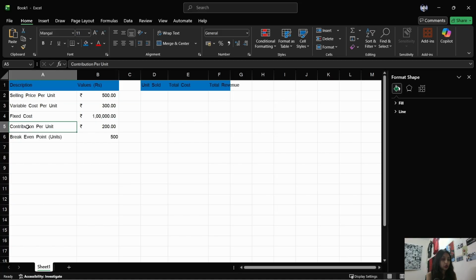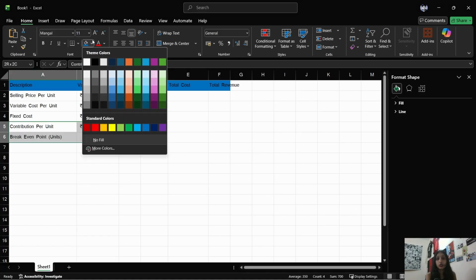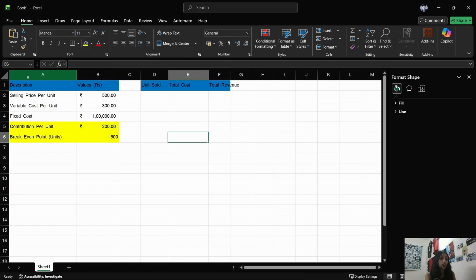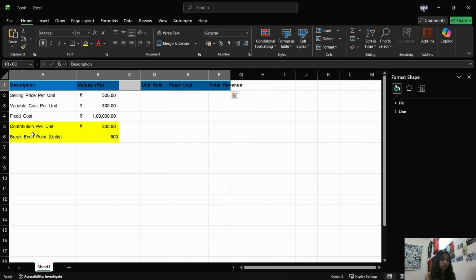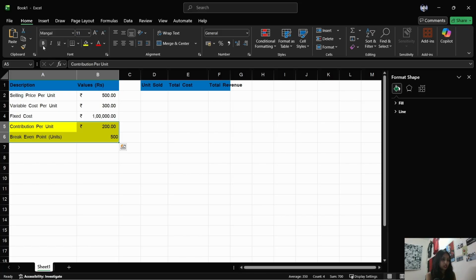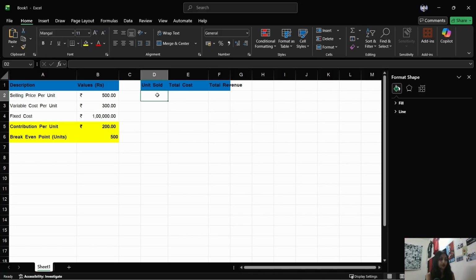And for contribution per unit and break-even point, I'm going to go with yellow. Also, I'm going to bold this.